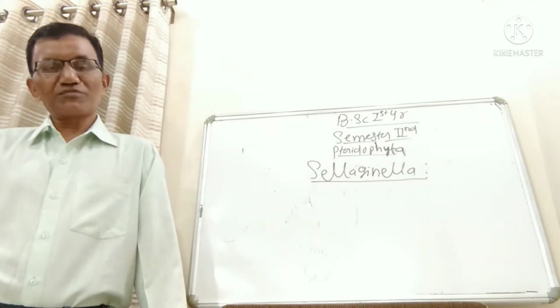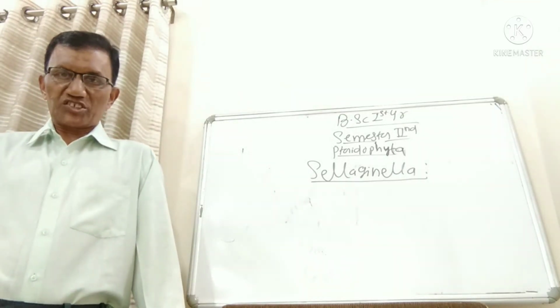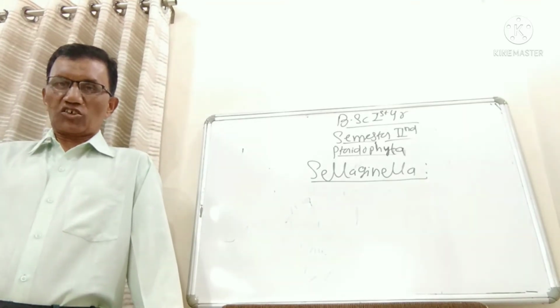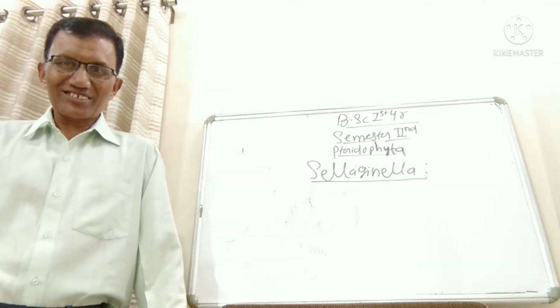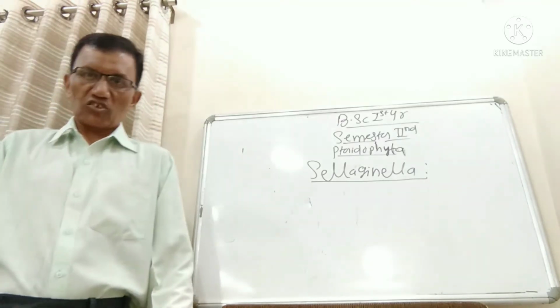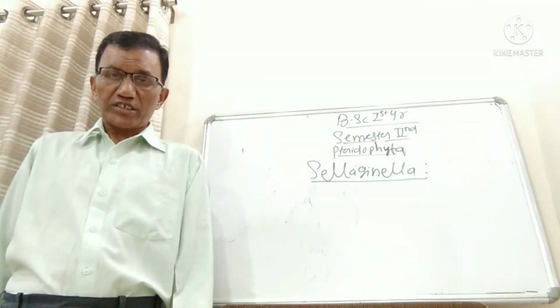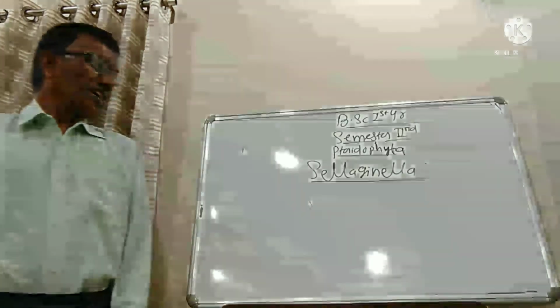In some cases there is a sclerenchymatous layer, parenchymatous layers or collenchymatous layers in the cortex, so it may be differentiated into inner cortex and outer cortex. So these are some of the important features of Selaginella.